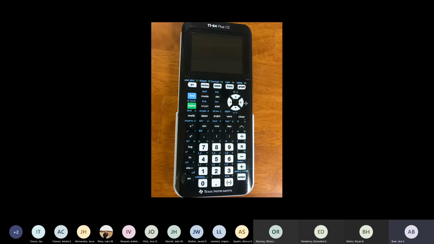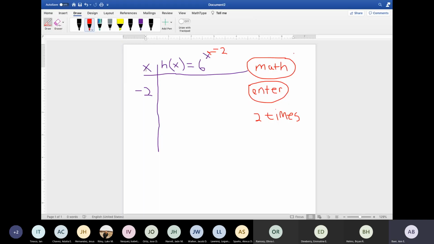We convert to a fraction by doing math, enter, enter. So it's math, enter 2 times. I'm going to do that, math, enter, enter, and I get 1/36.